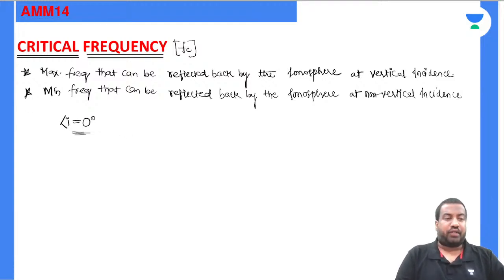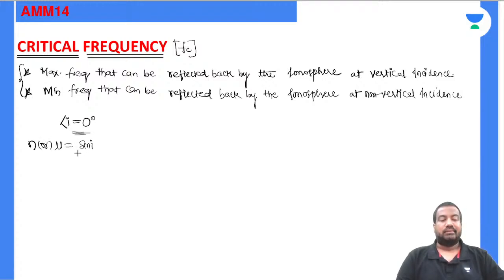Now, why did you get these formulae or these definitions in this way? For that, let me analyze the formula of refractive index of ionosphere. N or mu is equal to sin I by sin R, which is equal to the square root of 1 minus 81 n by f square.